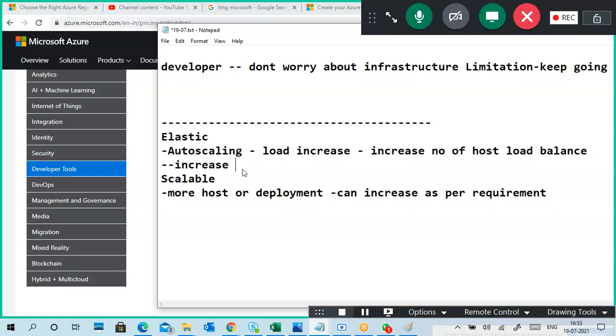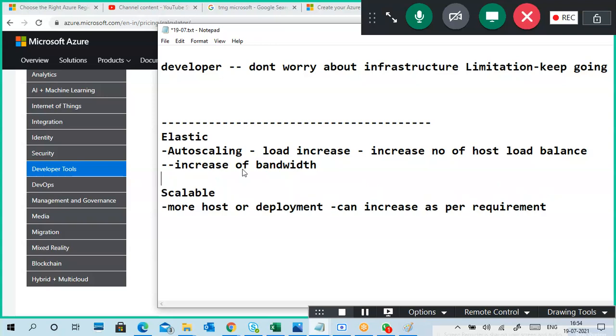We can increase the bandwidth, or the computational power, like that.